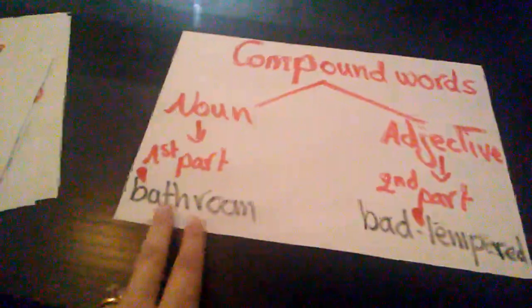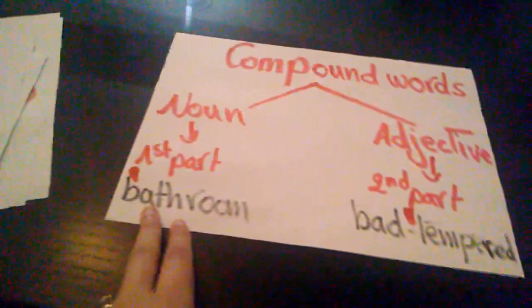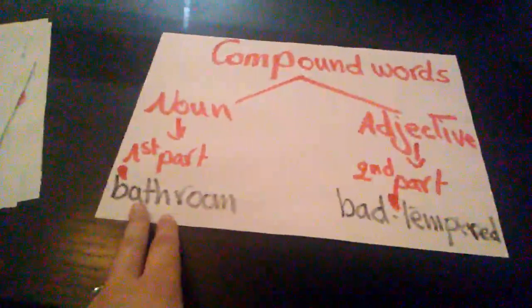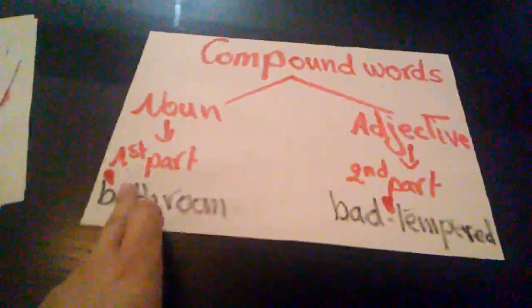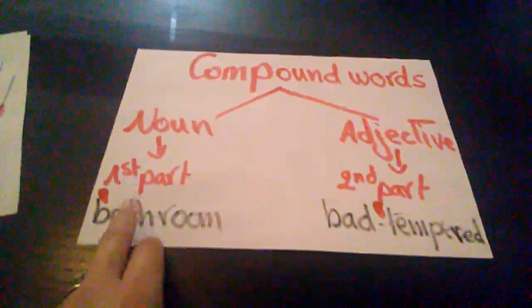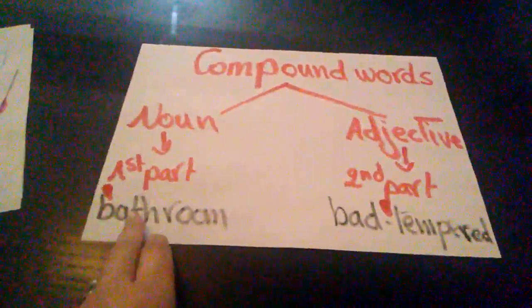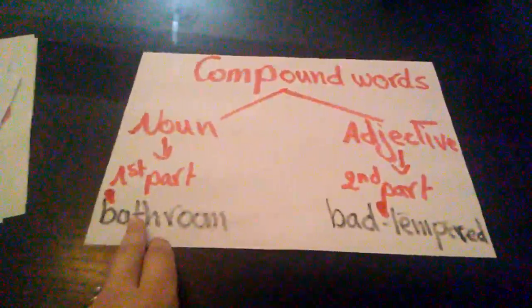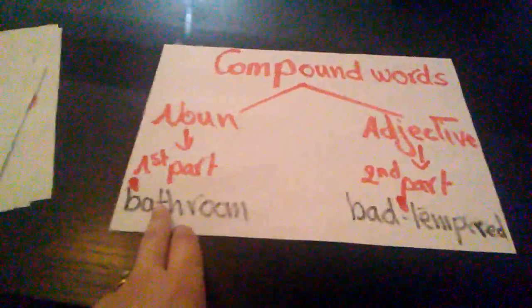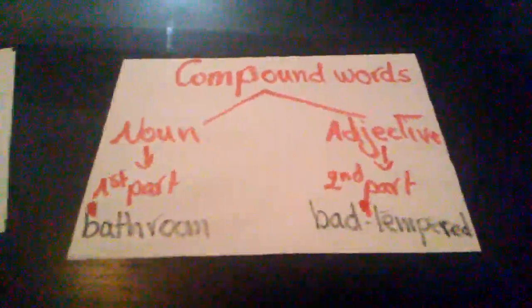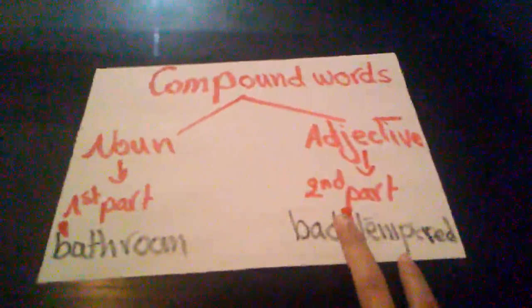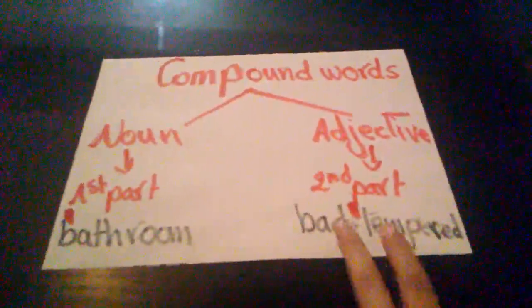As an example, you have as a noun, bathroom. Bathroom is a compound word. We stress the first part because it's a noun. I say bathroom, I don't say bathroom. Bathroom is not English. I say bathroom. Then you have as an adjective, bad-tempered.